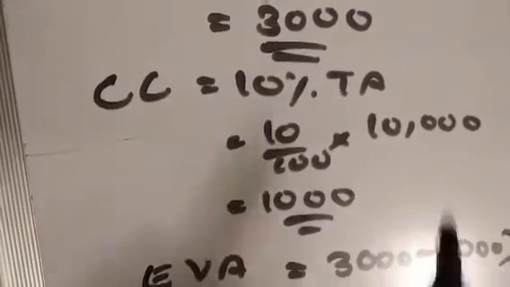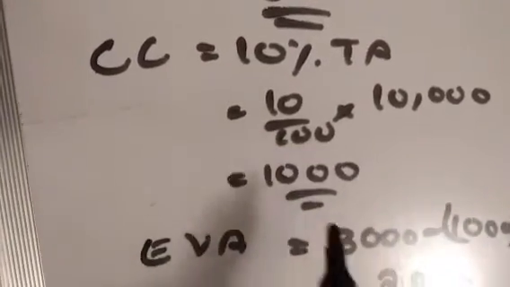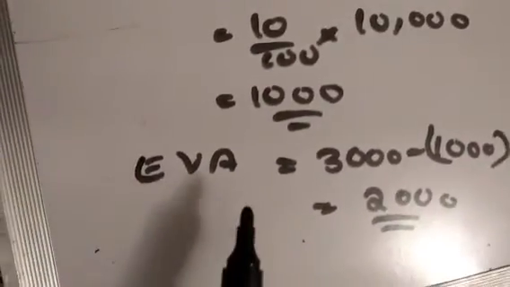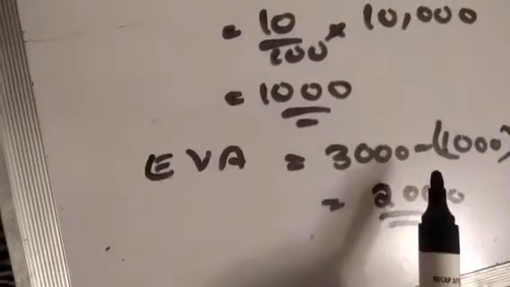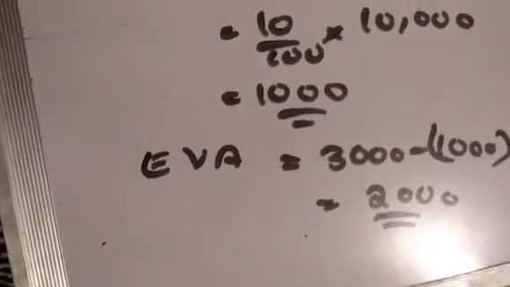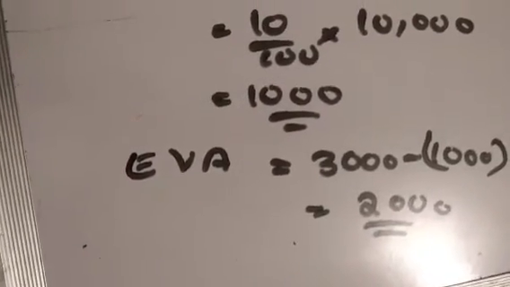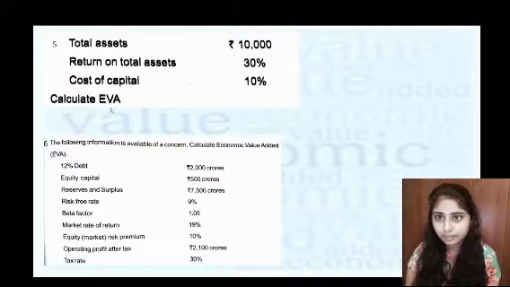Capital charge is 10% of total asset, so taking 10% we get 1,000. So economic value added is 3,000 minus 1,000, which is 2,000. I hope it's clear to you all.